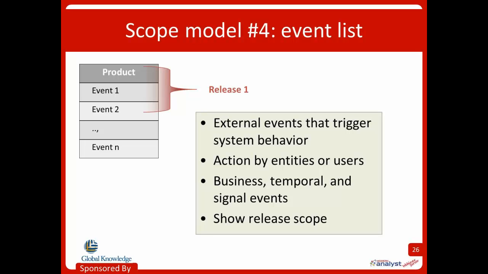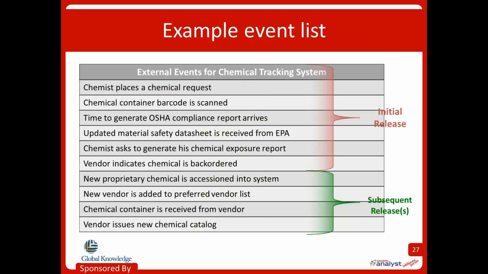Sometimes we use this model to manage scope by allocating specific events to specific releases, so events that were going to happen. We may say, hey, we're going to build this set of release 1. And let me show you what that looks like in our chemical tracking system. So example events would be things like a chemist is placing a request, or maybe a vendor indicating a back order.